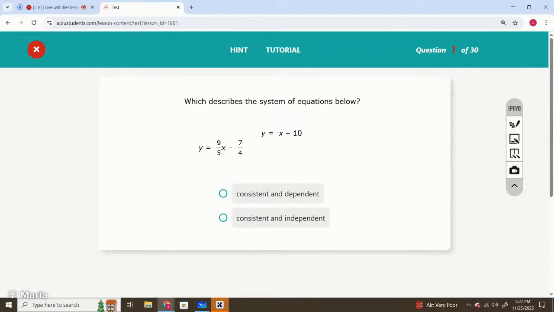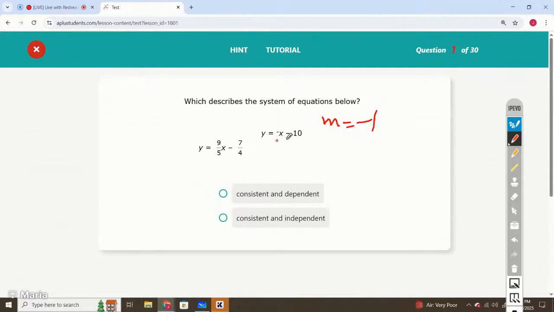So both the equations have different slopes and different y-intercepts, right? Look at the first one.